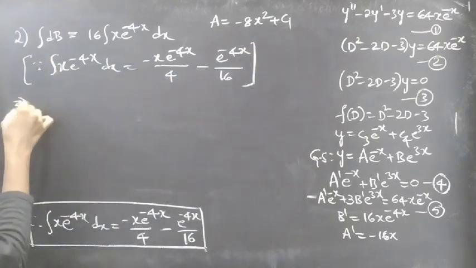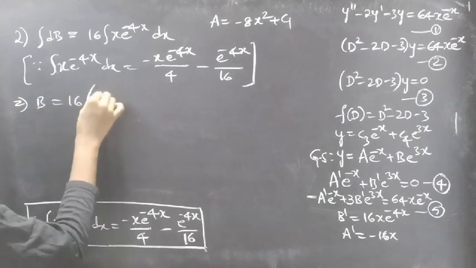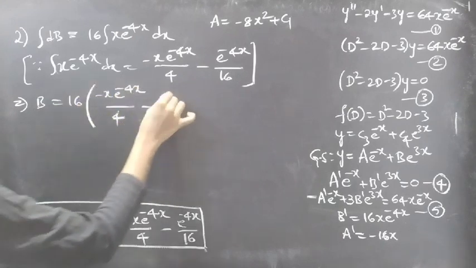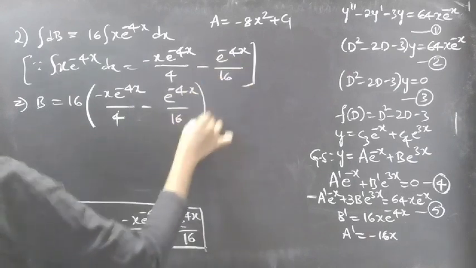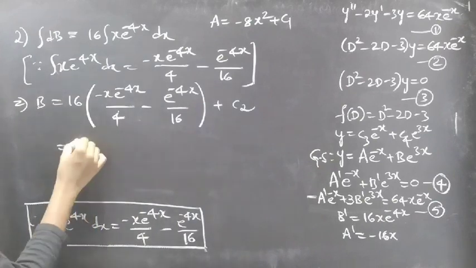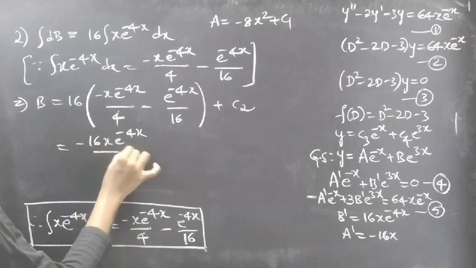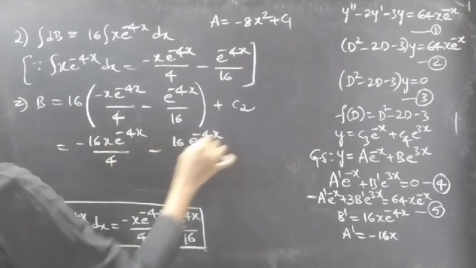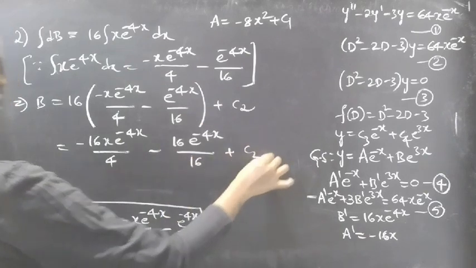equation becomes integral dv, b, equal to 16 times minus x e power minus 4x by 4 minus e power minus 4x by 16, plus some integral constant say c2. This gives us minus 16x e power minus 4x by 4 minus 16 e power minus 4x by 16, sorry, it's 16, right, plus c2.